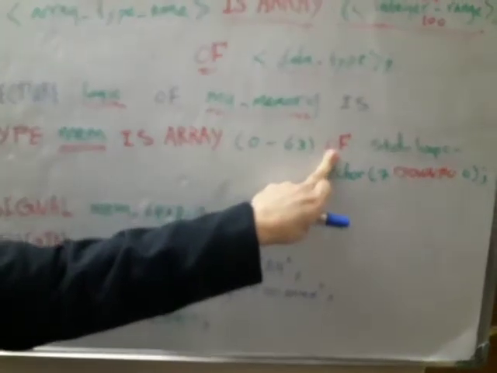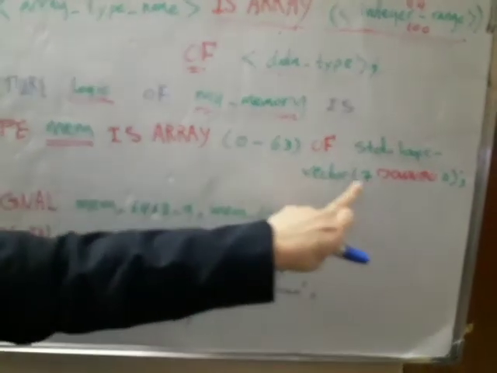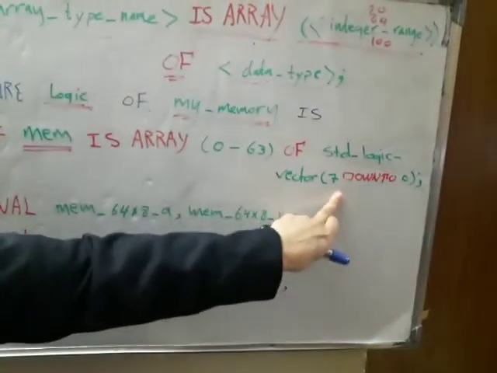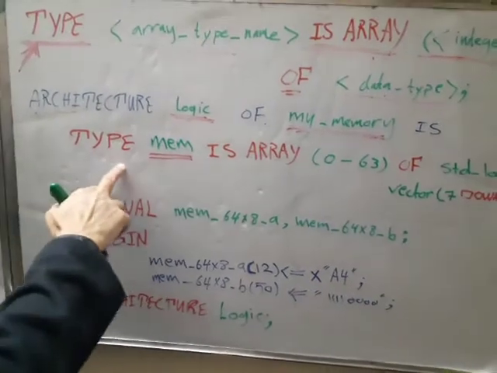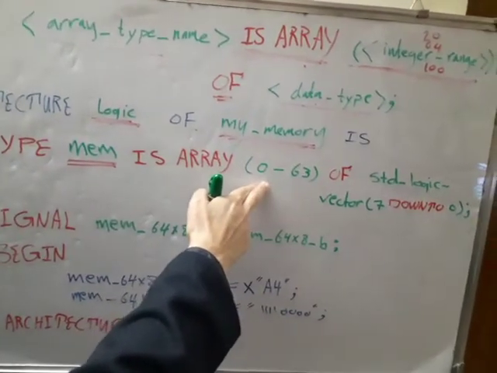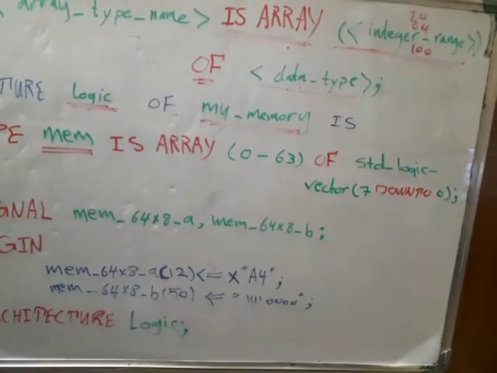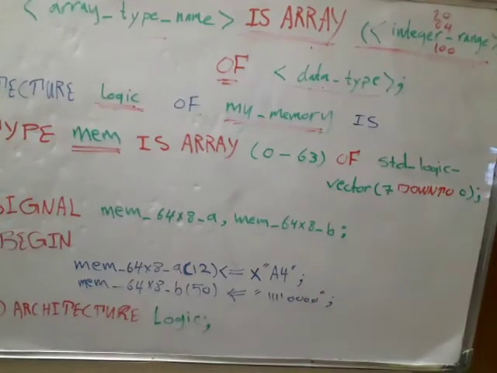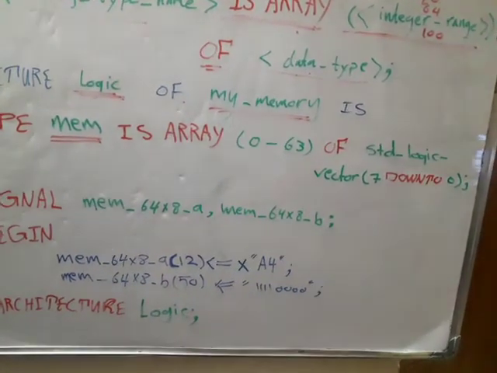Each cell is a standard logic vector with a width of 8 bits. So by this definition, we define an array of 64 locations, each location with 8 bits width.